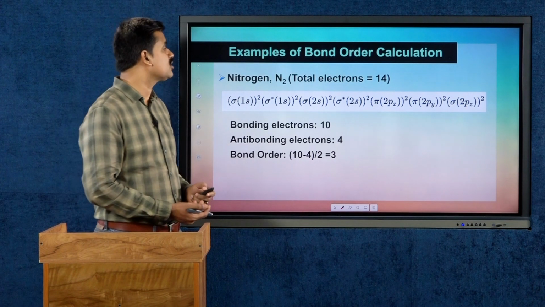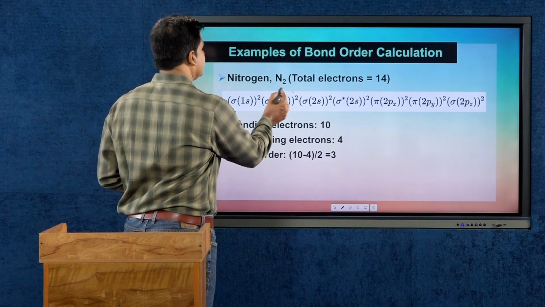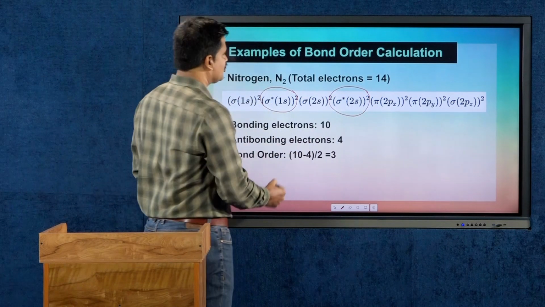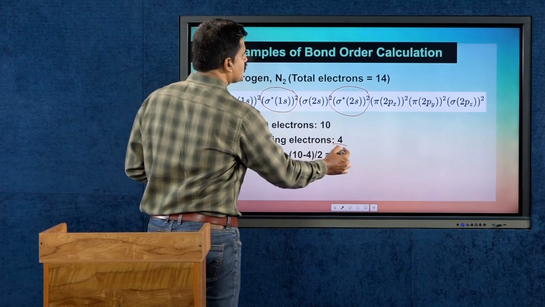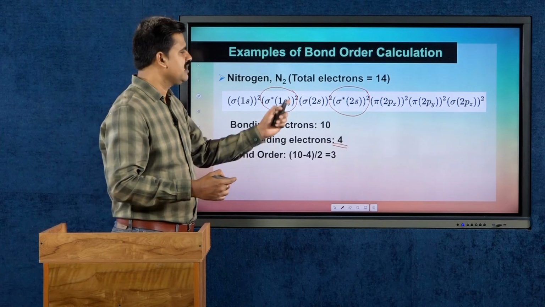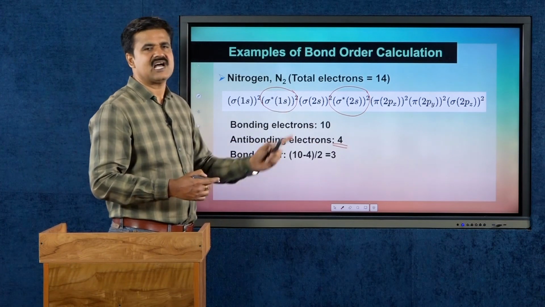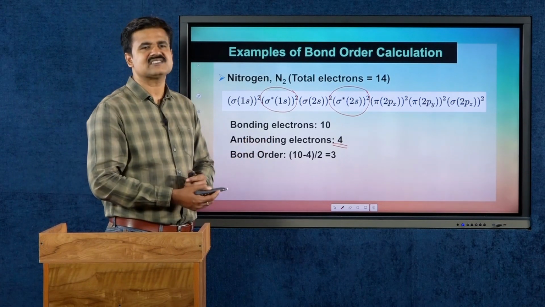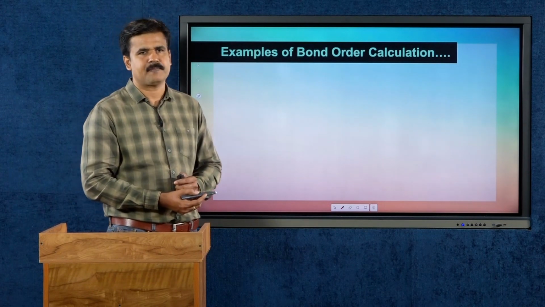You know there are a total of 14 electrons and these are antibonding electrons. These two are also antibonding electrons. So, number of antibonding electrons is equal to 4. Remaining electrons are bonding. So, a total of 10 bonding electrons and 4 antibonding electrons. Now, you can calculate a bond order like this, 10 minus 4 by 2, that is equal to 3.